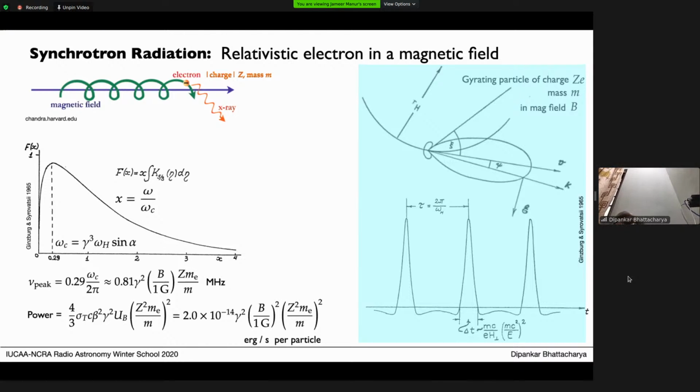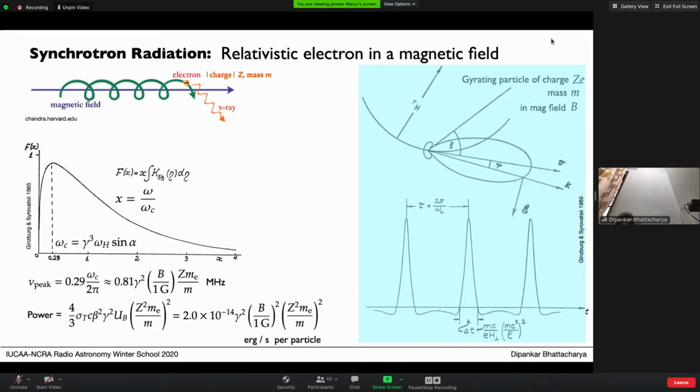So because of this peaked nature of the electric field, once you Fourier transform this, you would have not only the fundamental frequency of repetition of this electric field, which is equal to the gyro frequency, but it will have many, many higher harmonics because of the very sharp nature of this electric field pulse.